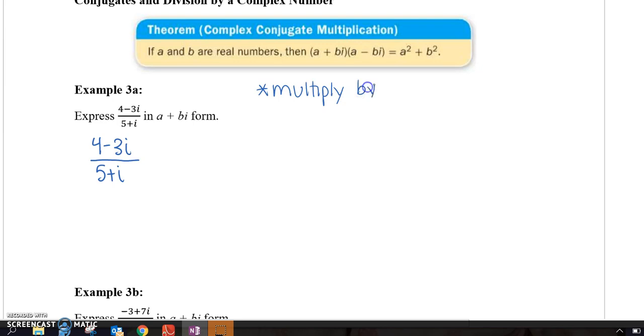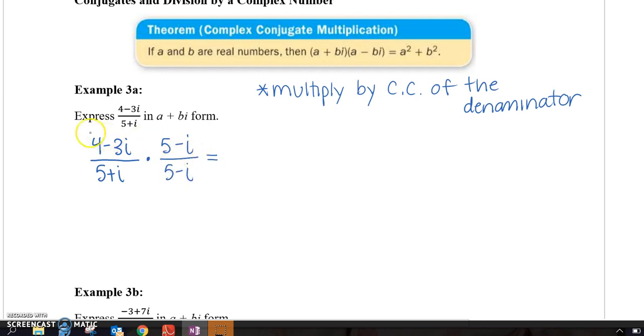Multiply by complex conjugate, I'm going to call it CC for now, of the denominator. And we can't just multiply by one on the top or the bottom because then we're changing the value of the function. But we can multiply by 1. So we can multiply by 5 minus i over 5 minus i to kind of cheat the system a little bit. I'm going to add some parentheses to remember that technically they're separated.